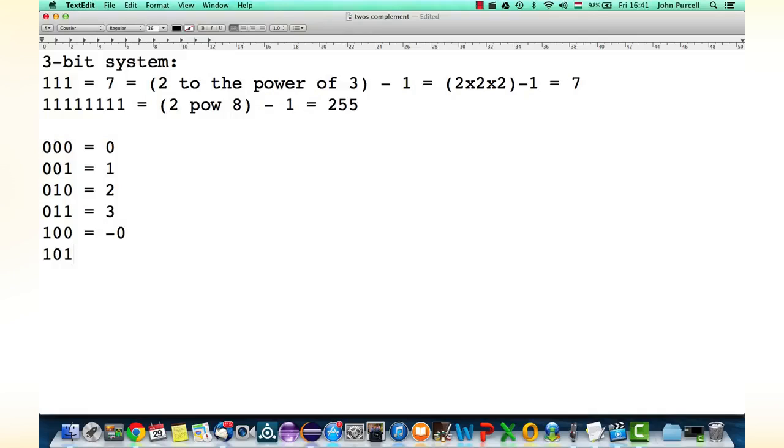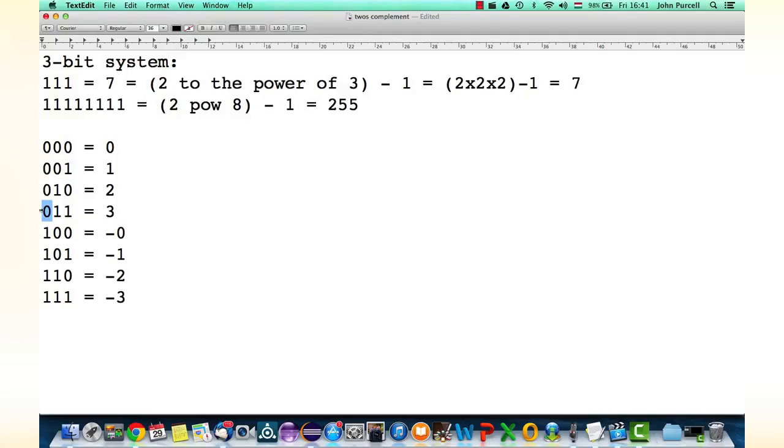And then we go to 101, which we could say equals minus 1. 110 equals minus 2, and 111 equals minus 3. So the idea is that you just look at the bits after the first one, and that's the number, and then the first bit is just a sign. That's the most obvious thing that you could do.